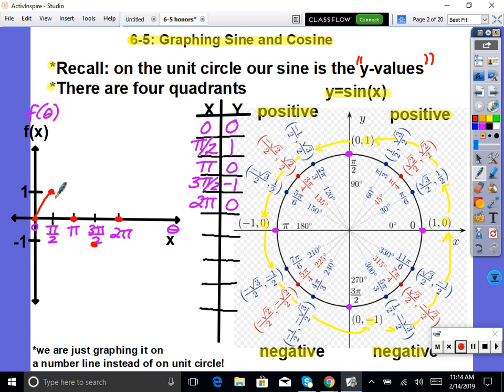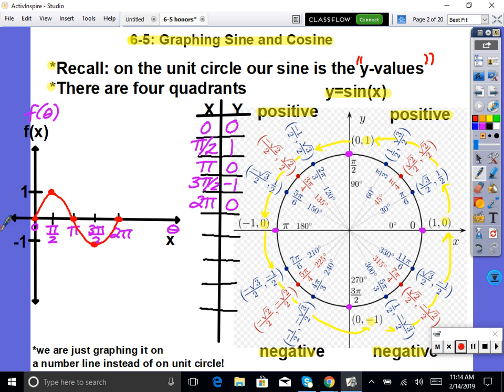So look, as I connect the dots, it's creating what's called a sinusoidal wave. Now, even though it looks like I've stopped, we know it doesn't stop. We can go around the unit circle again, and we would just create another sinusoidal wave. You guys see? And can't I go backwards around the unit circle? So I'd just be going like this.